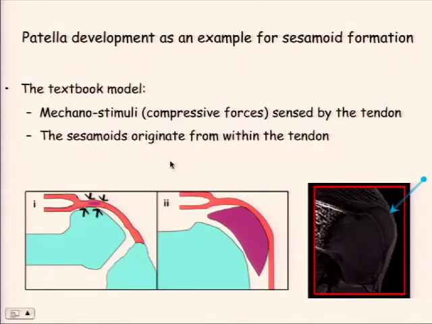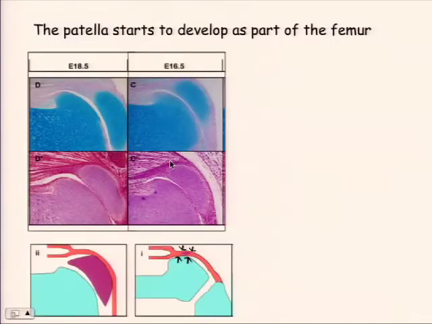So we decided to follow the sequence of how these unique bones form. When we look late during development, you can see this is the sesamoid, this is the femur, and as you go down in development, the cartilage becomes smaller, and indeed it's embedded within the tendon, which fits with the model.